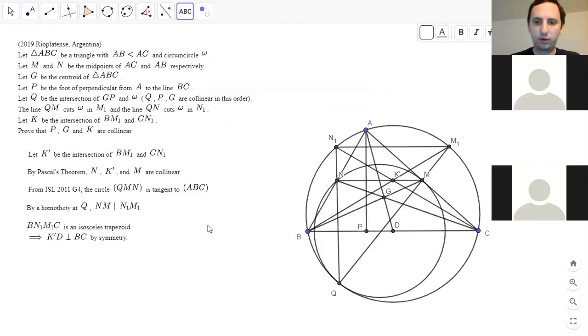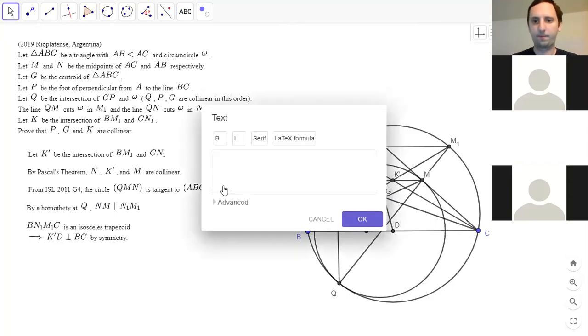And then once we know that, we have AG over GD is 2, which is AP over K prime B. Actually, K is already defined in the problem, so you need not define K prime.